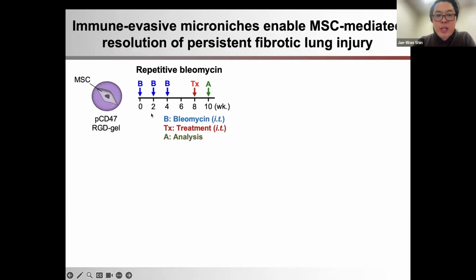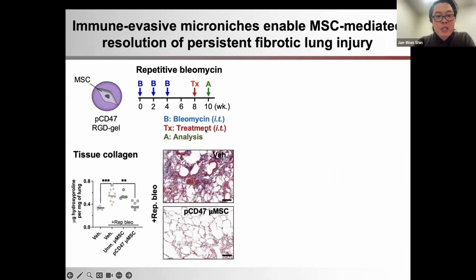And we managed to do that by using the repetitive bleomycin model, by delivering every 2 weeks or so, 3 times. And after about 4 weeks, when the scar formation takes place, we then deliver this treatment and did analysis.